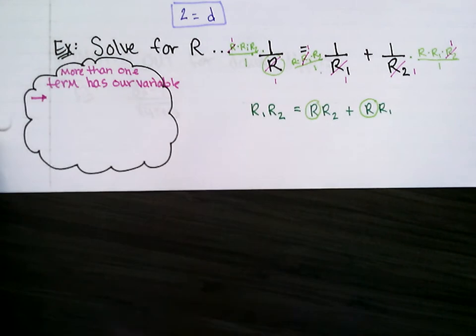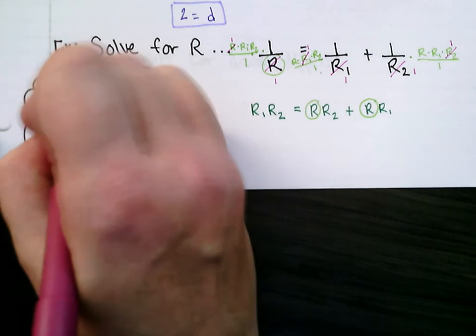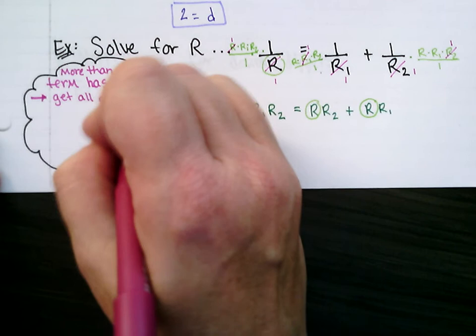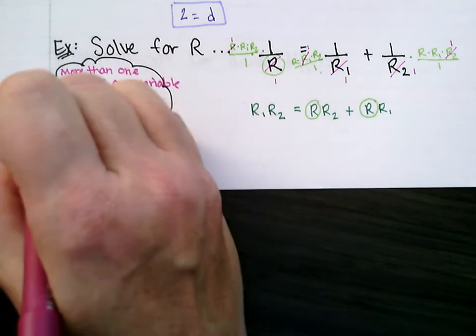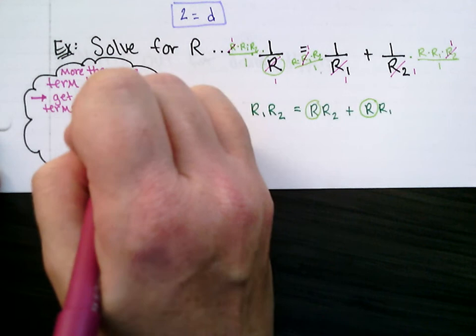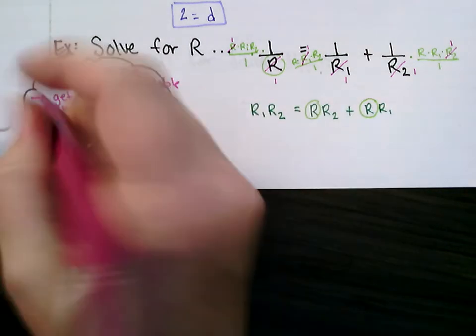So the strategy when that happens is that we need to get all of those terms on the same side and everything else on the other side.